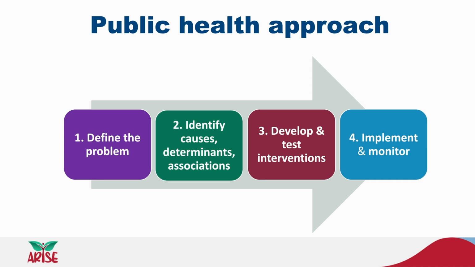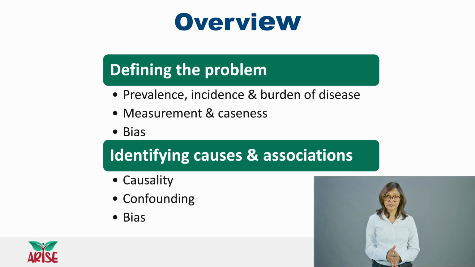In this video, we are going to focus on steps 1 and 2 of the public health approach and look at some important concepts that can help us define a public mental health problem. Specifically, this includes concepts such as prevalence, incidence, and the burden of disease, along with measurement and caseness.